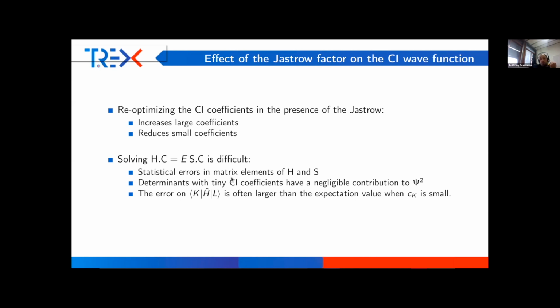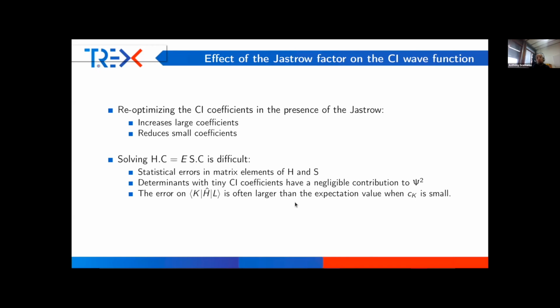Also, the determinants with very small CI coefficients in the trial function have a very negligible contribution to psi squared, and so the matrix elements on those determinants are badly sampled compared to the elements where the CI coefficients are important.